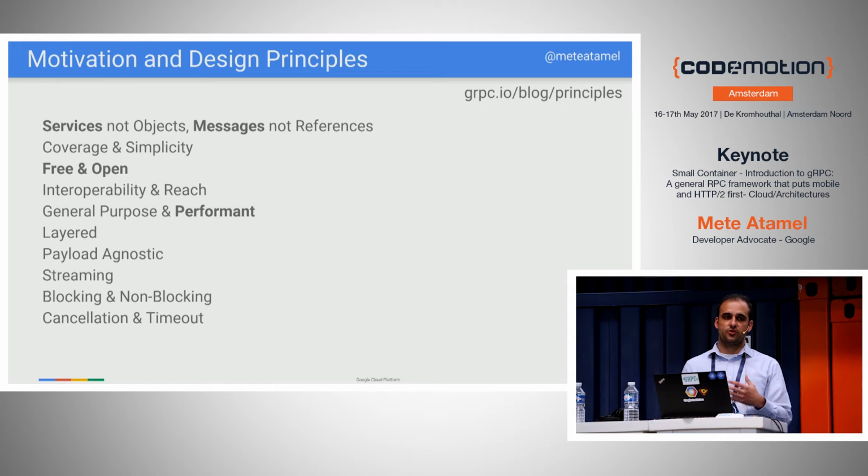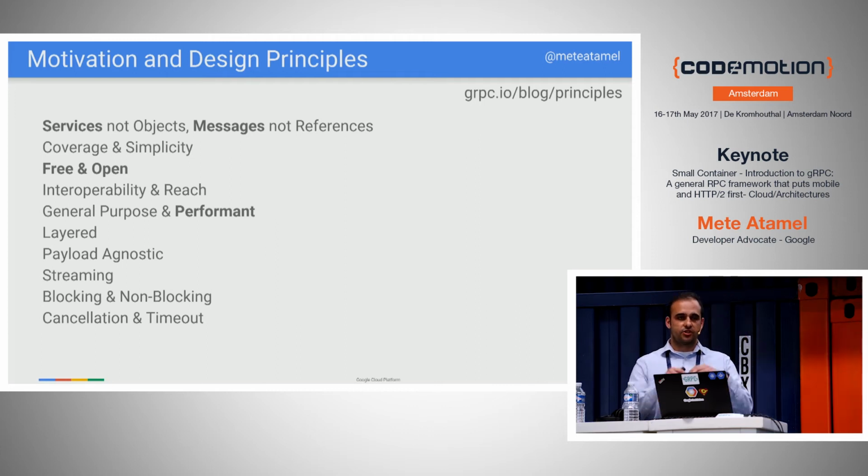So you have services, and you pass messages to those services. We don't think of objects and references. This is intentional because in distributed systems, people think of objects and references, and then they get into this problem of thinking that this is not an RPC call, but a local call. And when things don't work, they don't really handle it properly.